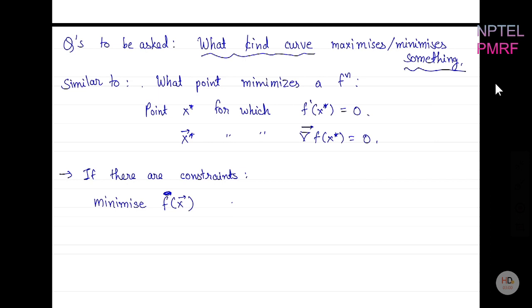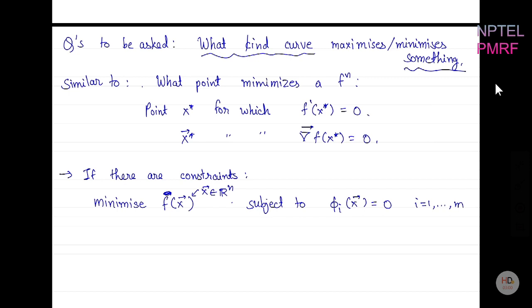So the input is a vector, but the output is a scalar, where x belongs to some R^n, n-dimensional space, subject to constraints that phi_i of x is equal to 0, where i runs from 1 to m, right?